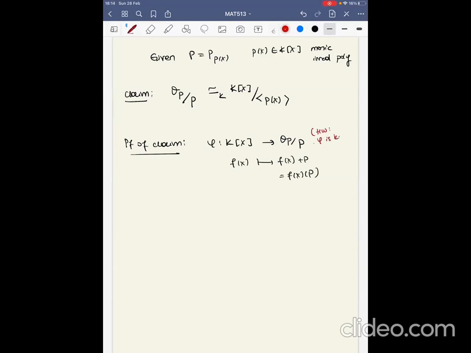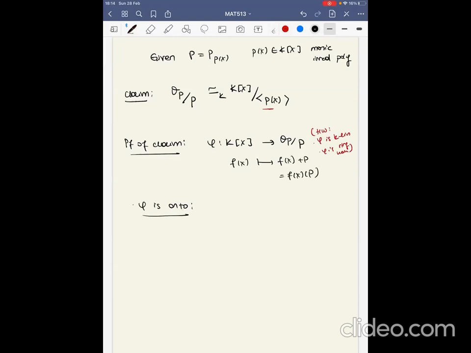Our first claim is that phi is onto, because if we are able to see that this map is onto, we will look for the kernel, and then we will apply the first isomorphism theorem.